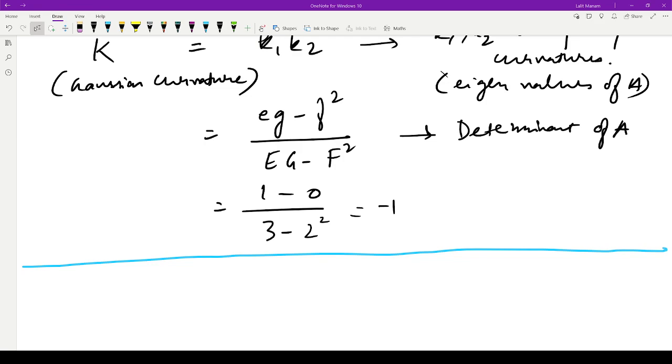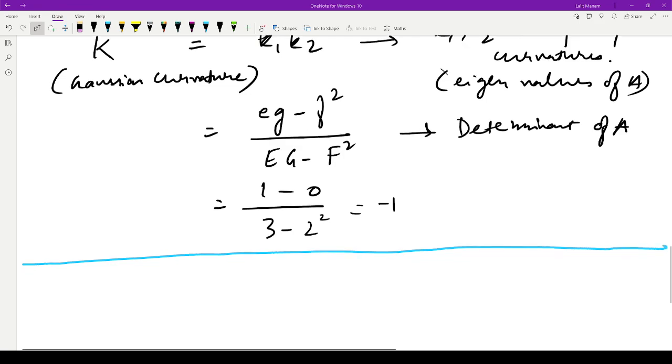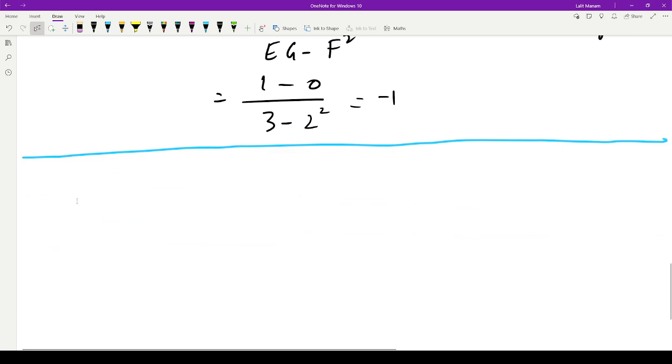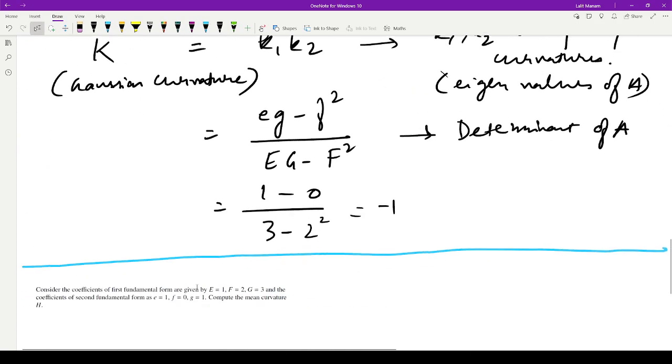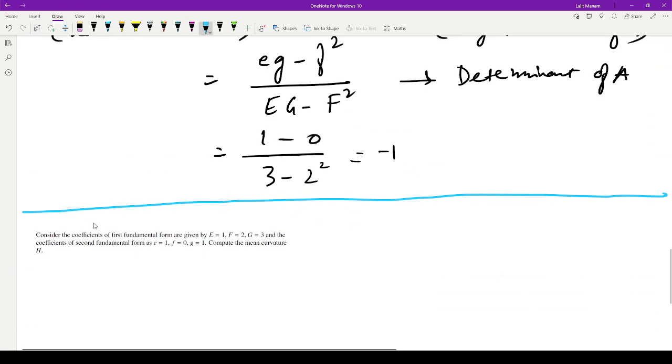Since we computed the Gaussian curvature, the next question is on mean curvature. It's exactly the same values. We need to find the mean curvature given E, F, G of both the first and second form. What's the formula for mean curvature?